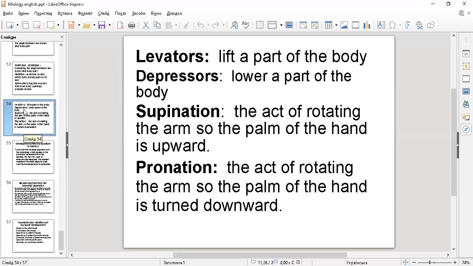Levators: lift a part of the body. Depressors: lower a part of the body. Supination: the act of rotating the arm so the palm of the hand is upward. Pronation: the act of rotating the arm so the palm of the hand is turned downward.